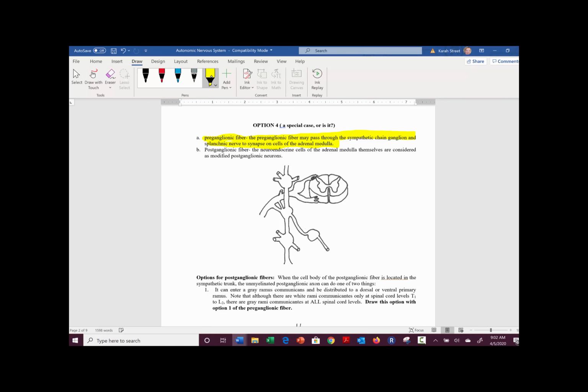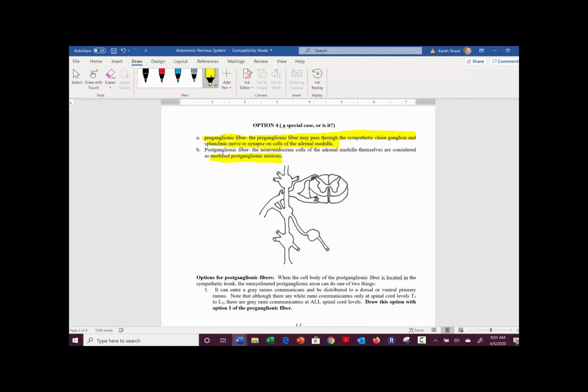The cells in the adrenal medulla are considered to be postganglionic neurons, and that's important that you remember that. Some students say, hey, Kara, you said the autonomic nervous system uses a 2-neuron chain, and yet here we're having a preganglionic fiber synapse on a gland. Yeah, but the adrenal medulla is an extension of the sympathetic division, and the cells that are found there, chromaffin cells, are considered to be the postganglionic neurons.